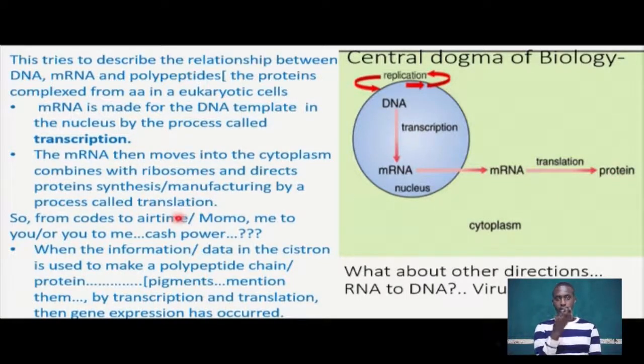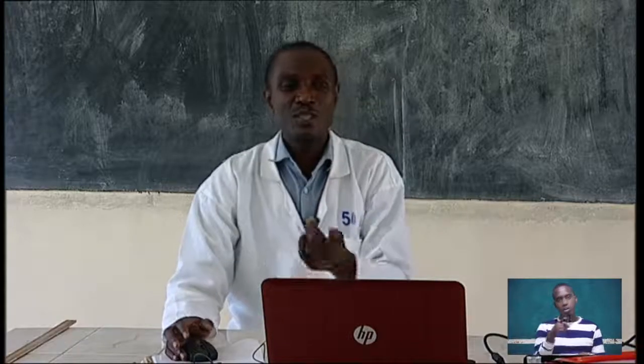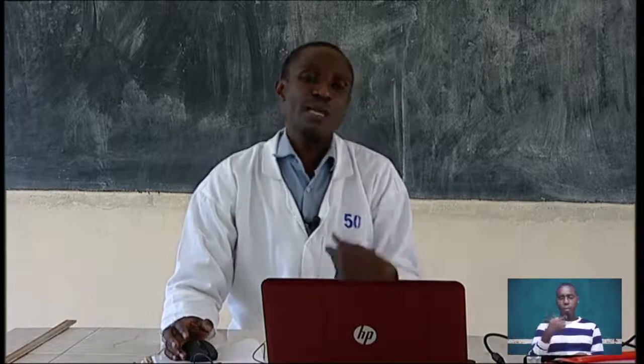This simply means, from the codes we used to have on these airtime cards, which are normal mobile money codes, star, hash, and so on. Me to you, others say it should be you to me. Why should it always be me to you? It should be you to me as well.